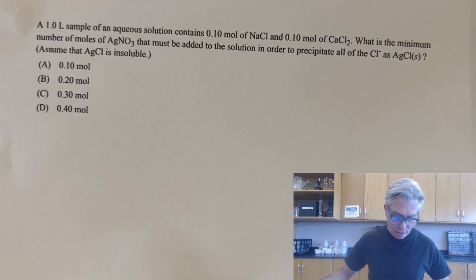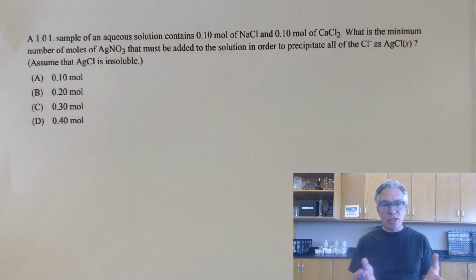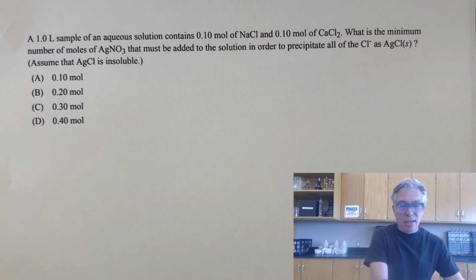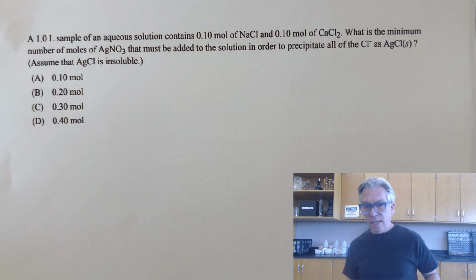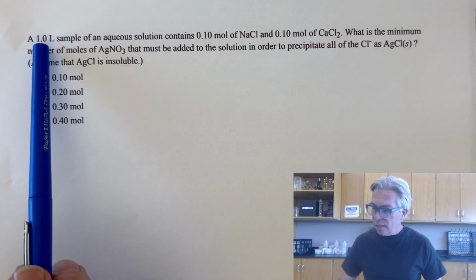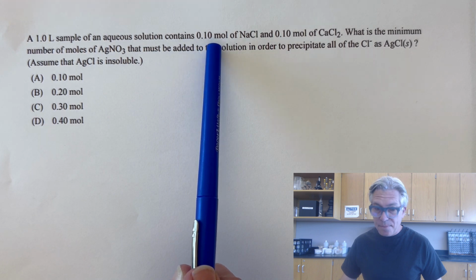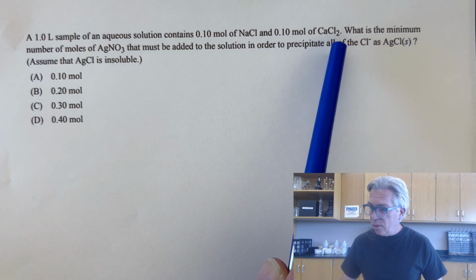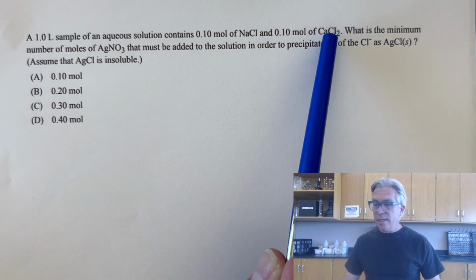Next one. I chose this one to point out a shortcut, but also something that you're likely to see, and it sometimes messes people up. A 1 liter sample of an aqueous solution contains 0.1 moles of NaCl and 0.1 moles of calcium chloride. So we have 2 things that are producing chloride in the solution.